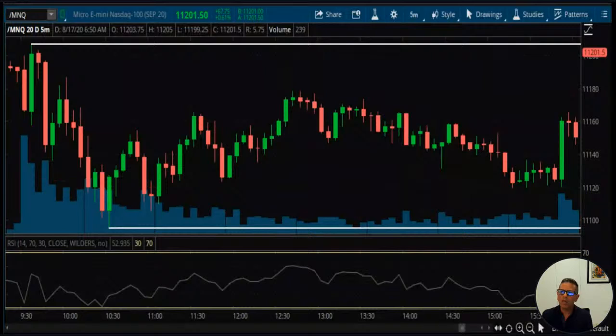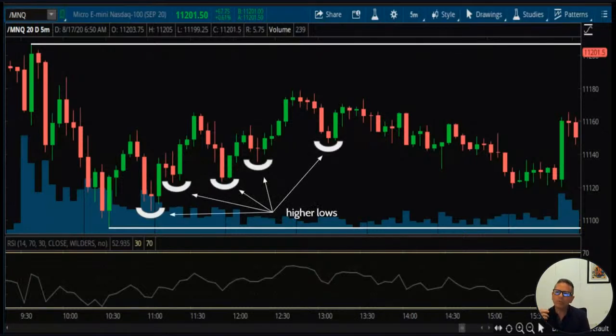So now, if you look at this chart, can you see the higher lows here? So let's mark it out here, right? When you see a chart, you'll see the higher lows and the higher highs, okay?